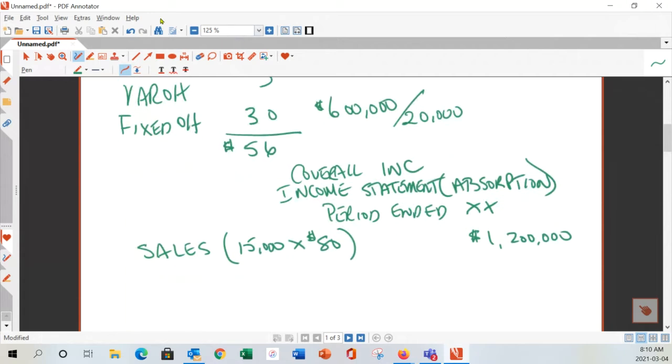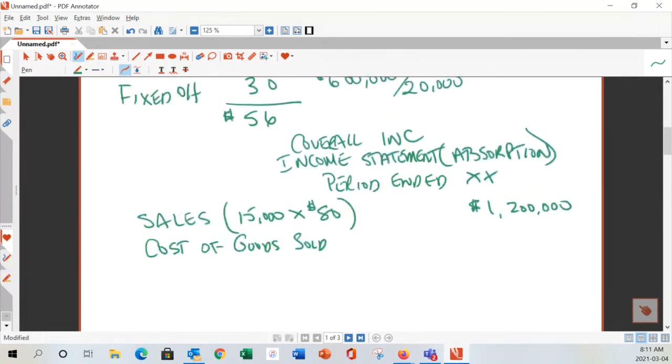We'll get our cost of goods sold. Well, we want beginning inventory, which is 0. Cost of goods manufactured. And we produced 20,000 units.